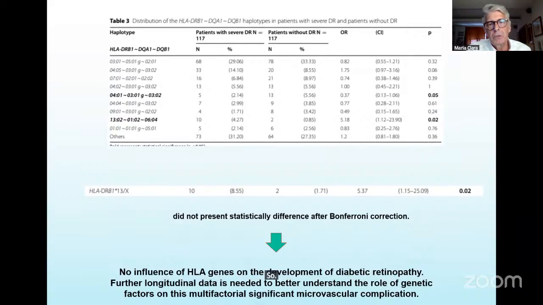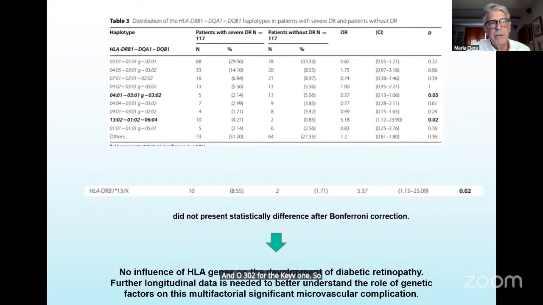So we looked at whether one of these haplotypes could be associated with an ancestry. And again, we found DRB1 0401, which is already known to be associated with diabetes, and 0301 and 0302 for DQB1.